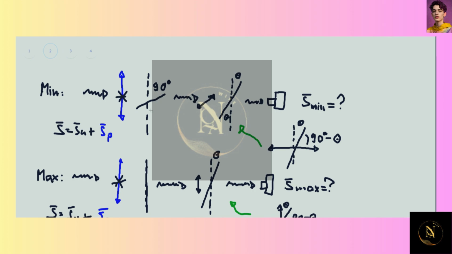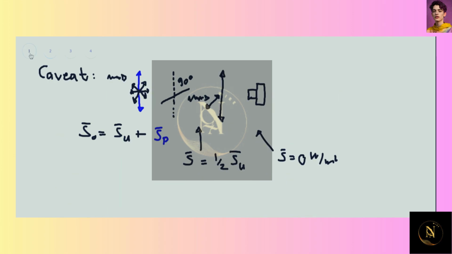And then some amount of light goes through, and then there's an analyzer, again, on which some amount of light goes through, and the light coming out on the far right is picked up by a photocell. And we're told that as you rotate the polarizer, you see a maximum and a minimum value of the intensity on the far right. So there's a caveat here.